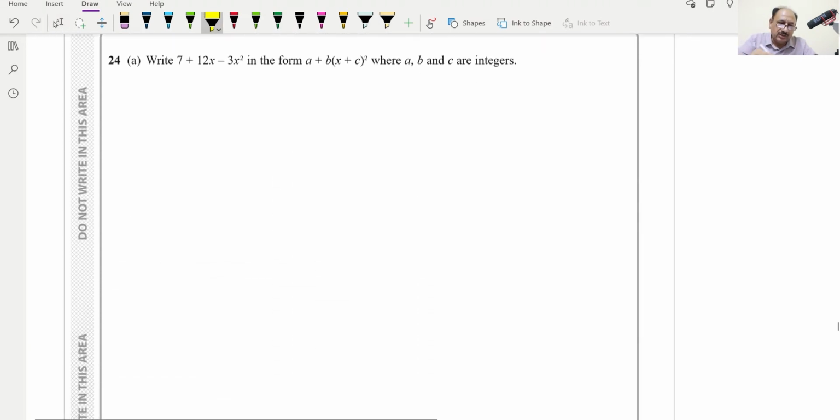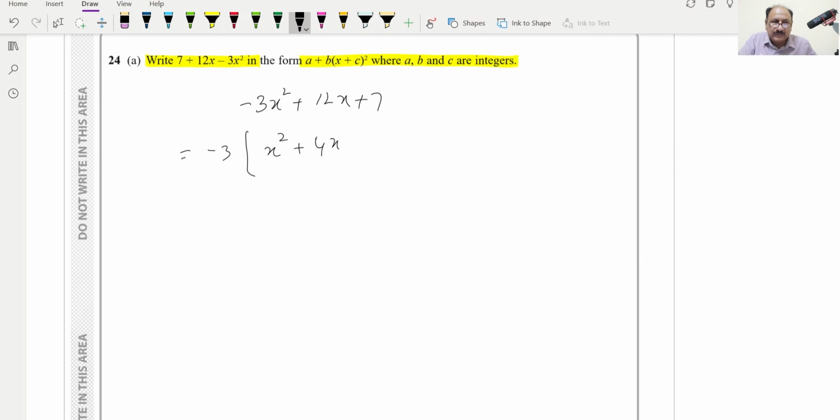Now question number 24, write down this one in the form of this. Basically this is a completing the square question, so we have to write down the a, b, c values also. So we will arrange this one first. 3x squared plus 12x plus 7, and then we can take 3 common from the first two terms, so 3 into x squared plus 4x and plus 7 as it is.